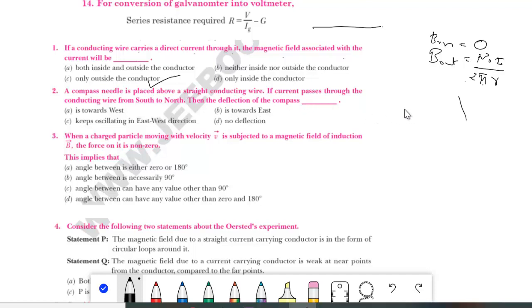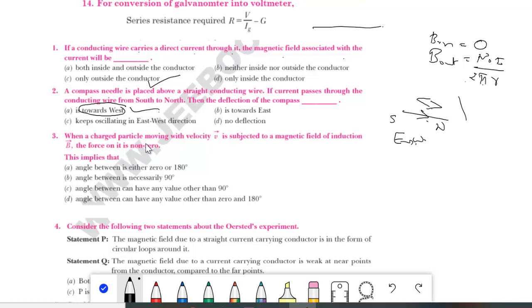We can use the right hand thumb rule. Using the right hand thumb rule, the magnetic field produced will be from east to west. So the answer is towards west.